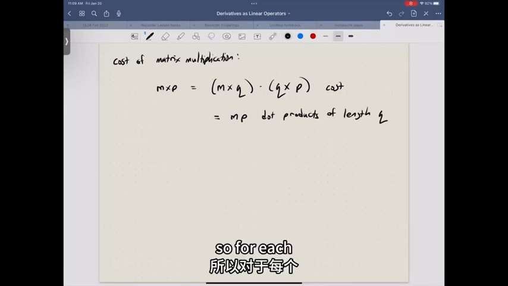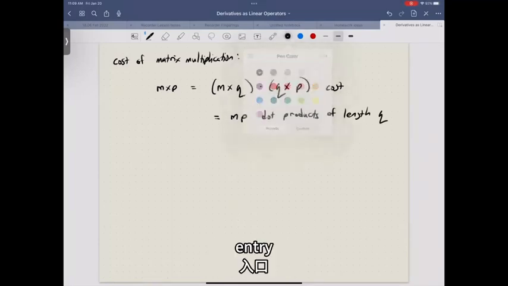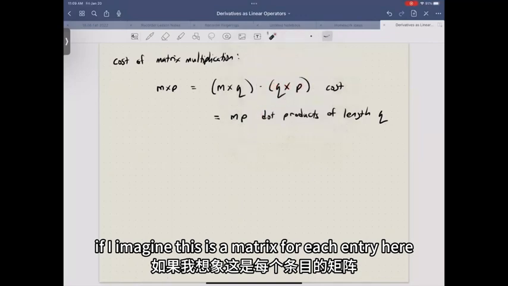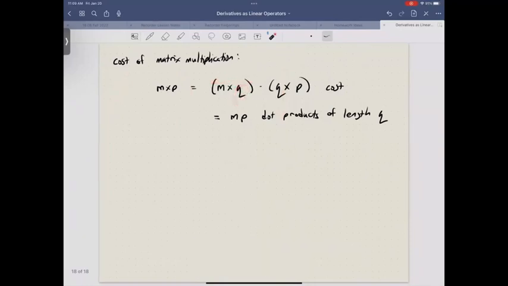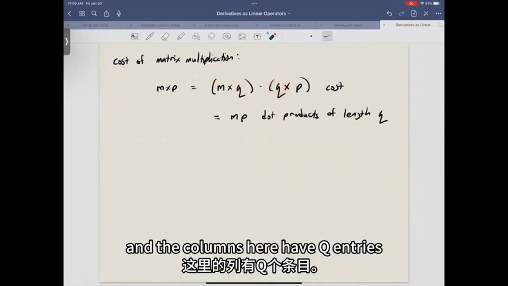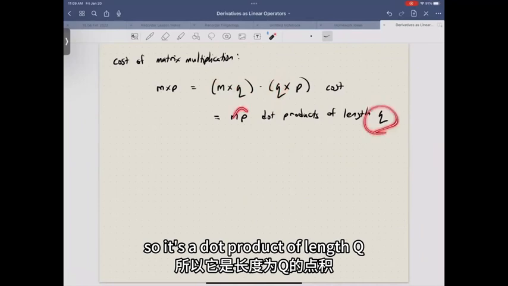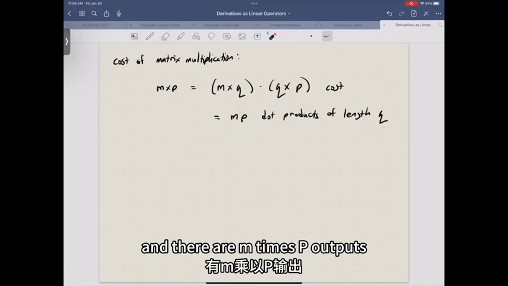For each entry, if I imagine this as a matrix, I do a row times a column. The rows have Q entries, and the columns have Q entries. So it's a dot product of length Q, and there are M times P outputs.